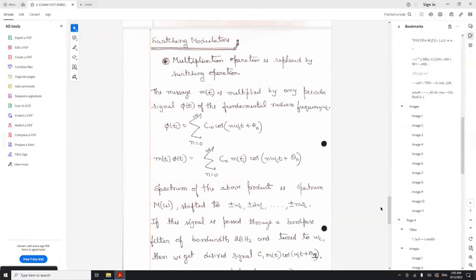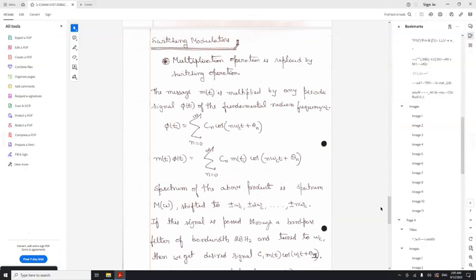And how do you get that expression? Just by multiplying your message signal with a periodic signal. Just multiplication. Right? Just multiply your m of t by any periodic signal phi of t of the fundamental radian frequency omega c.